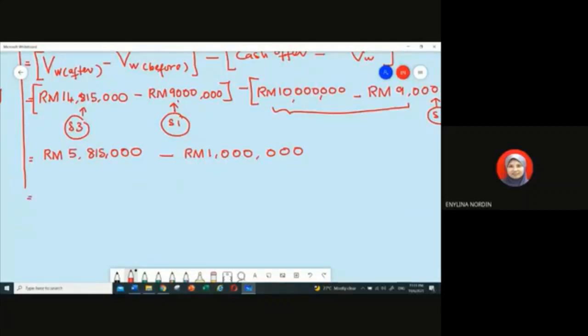Therefore the NPV equals 4,815,000 ringgit. So this is the NPV using the cash offer.